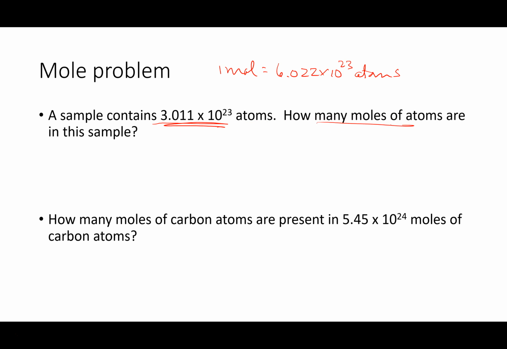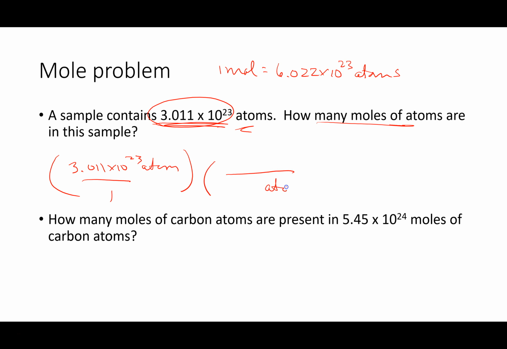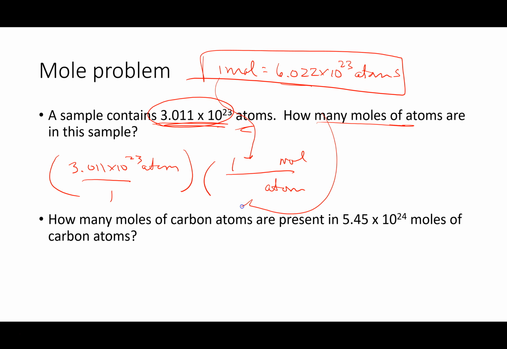How many moles is that? I would start with this number over 1. Don't forget the units. 3.011 times 10 to the 23rd atoms. And I want atoms to cancel, and be left with moles. So I go up to here, if I have this on my little cheat sheet, and then I can put 1 mole, 6.022 times 10 to the 23rd atoms.